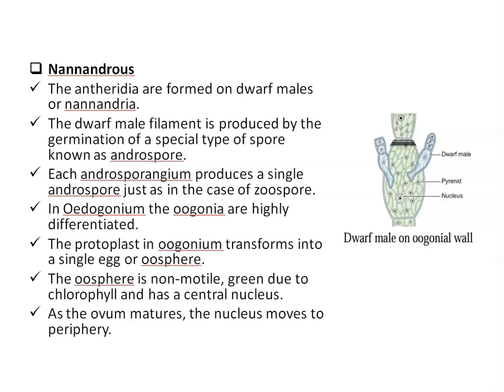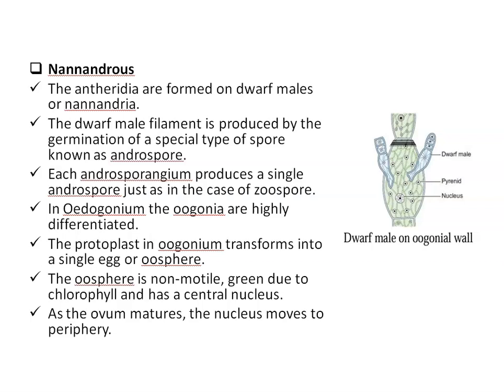Oogonia are highly differentiated. The structure and development of oogonium is identical in both macrandrous and nannandrous species. Like antheridia, any freely dividing or actively growing cap cell functions as oogonial mother cell.